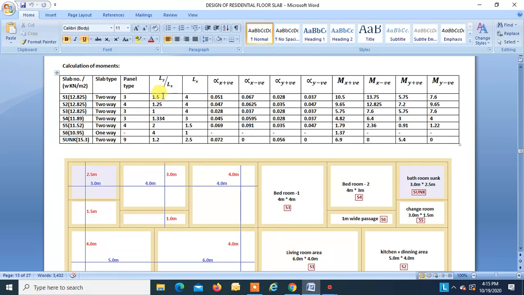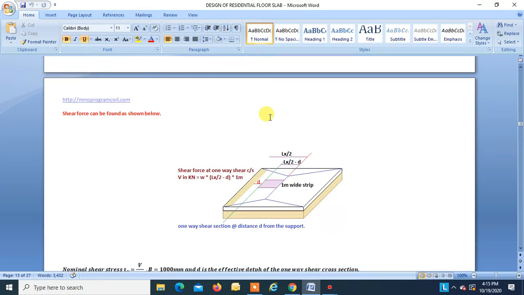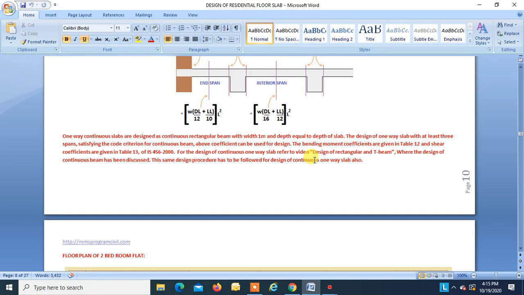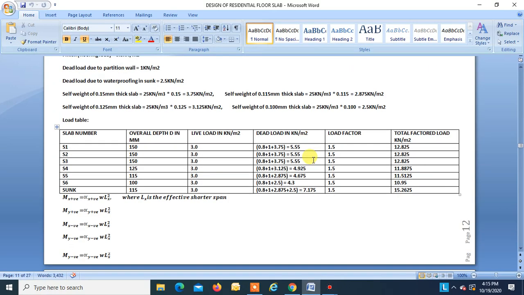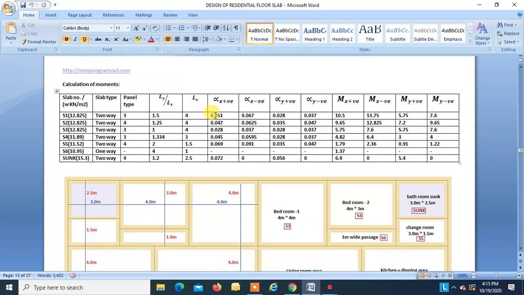So these are the aspect ratio. Okay, this is Lx. So from the table 26, that is this table, using this table, we find the coefficients. Okay, so these are the coefficients from the table. Okay, and once you know the coefficients, this coefficient into this load.